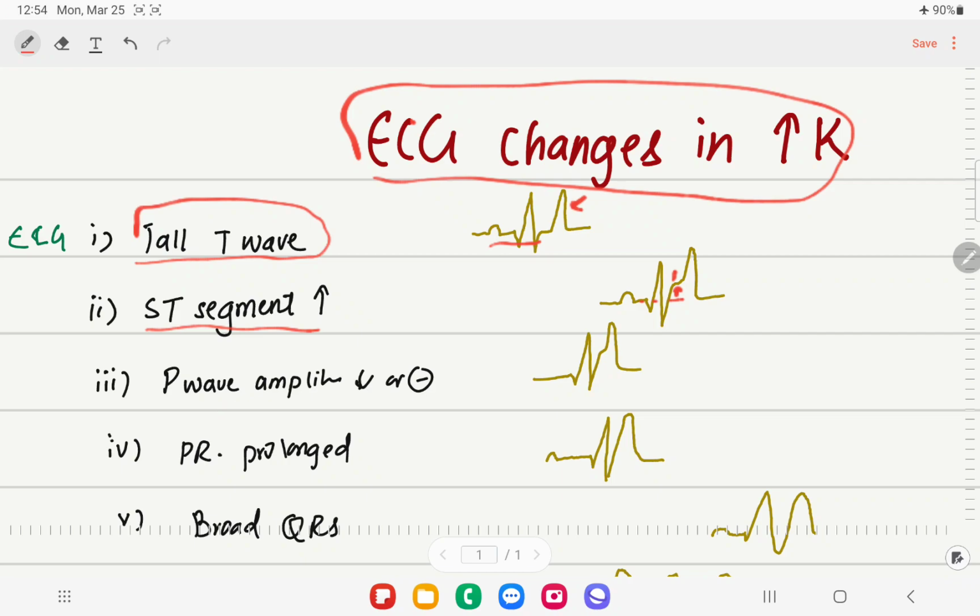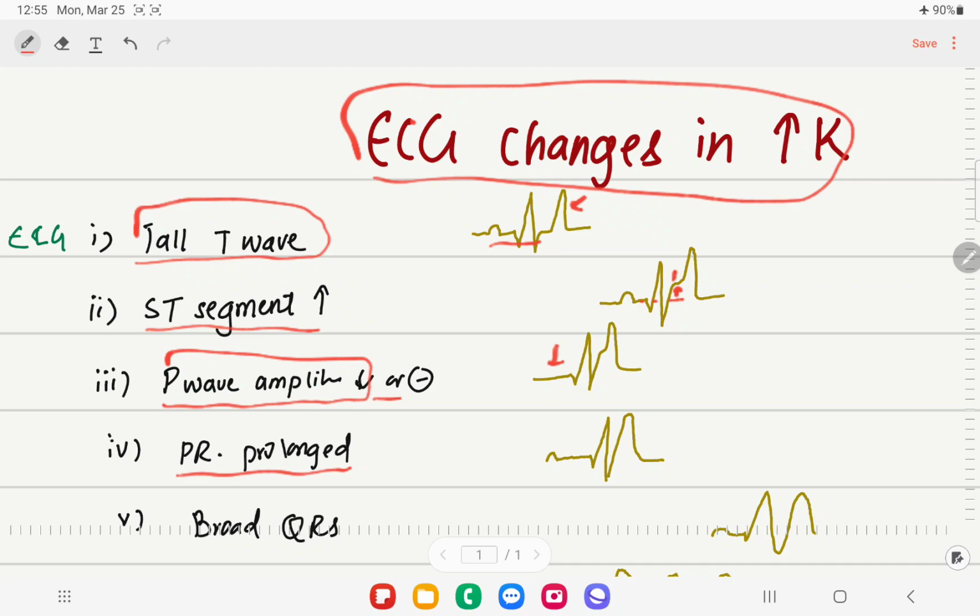Along with that, the next ECG finding will be that the P wave amplitude will be decreased or absent. You can see that here there is no P wave in these patients, or the amplitude of the P wave will be less than 2.5 small scales. The next finding is PR interval prolongation.